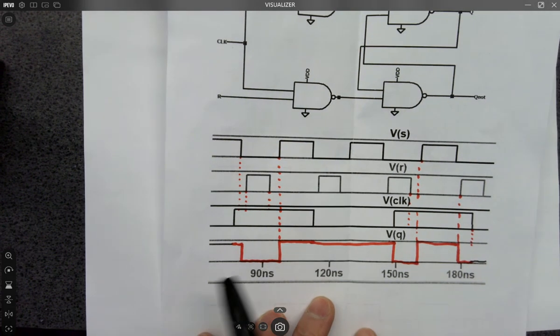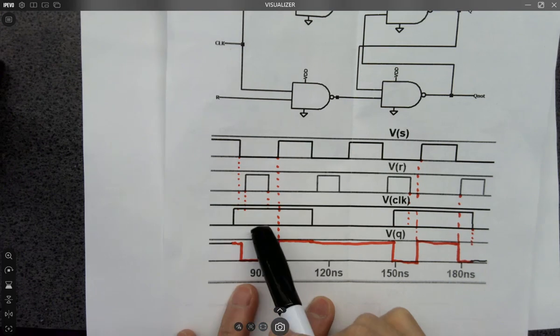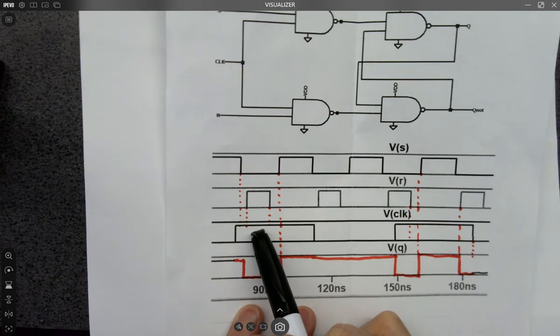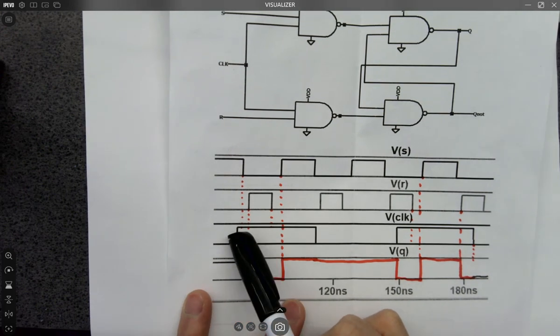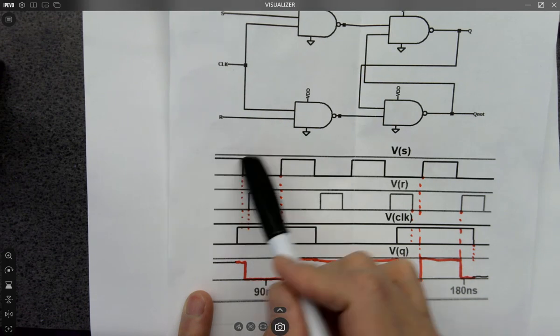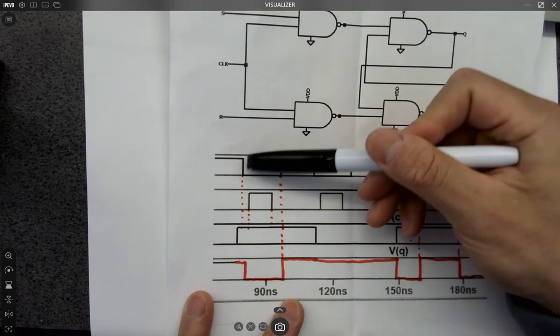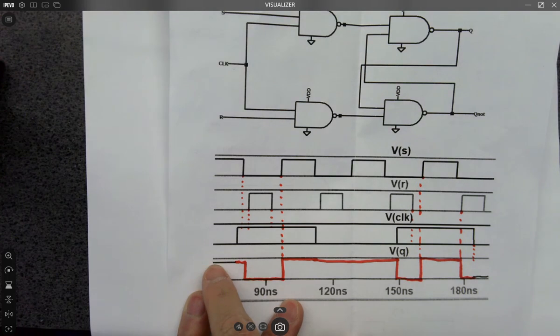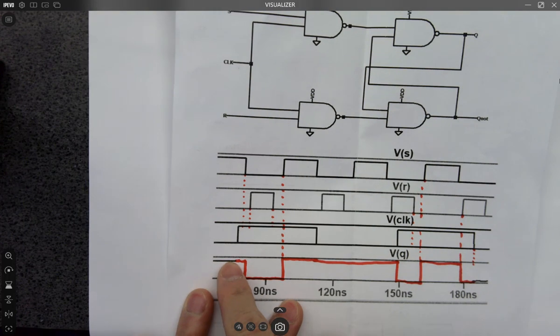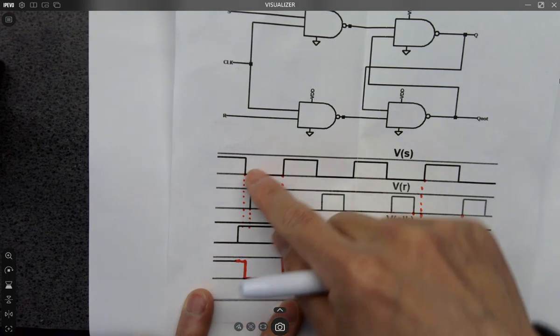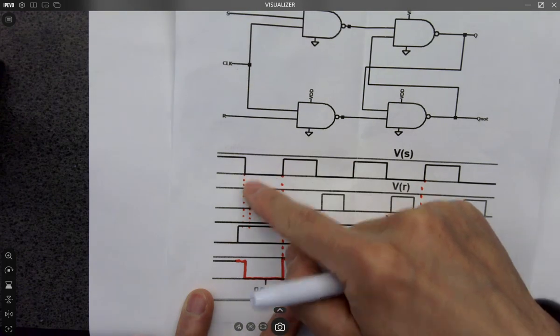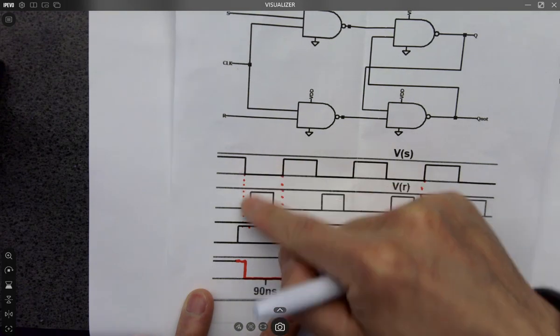So for here, since we know that it's a level trigger SR flip-flop, when clock is on, everything is enabled. Since it gave you an initial state to be 1, okay? So whenever this one enters 0, 0 state, it's a memory.